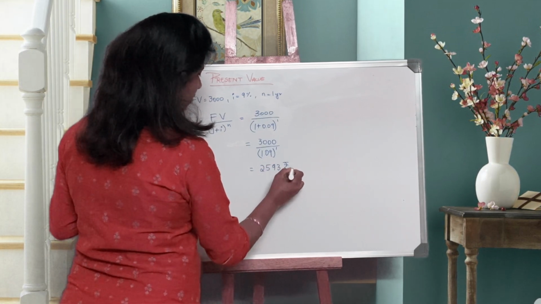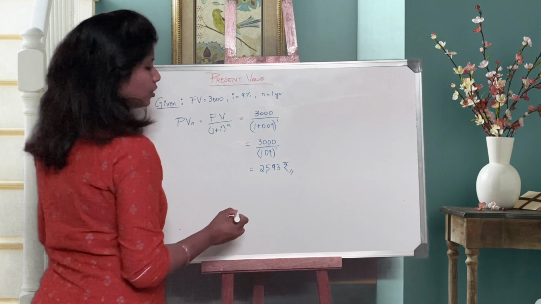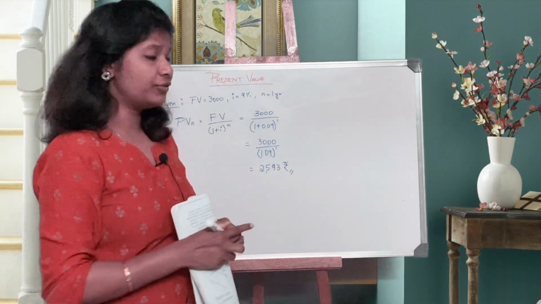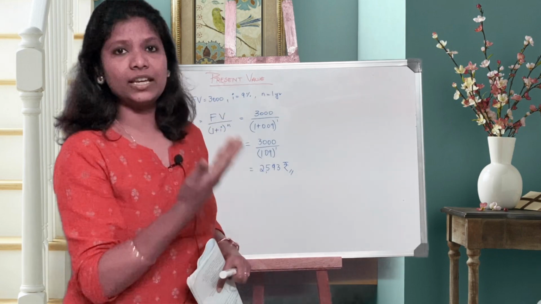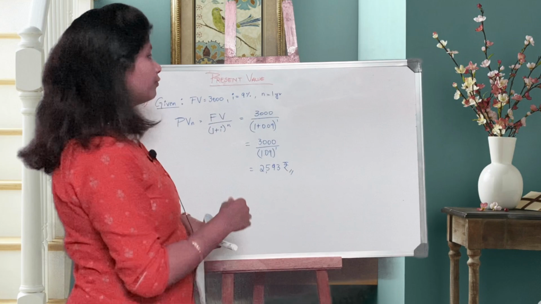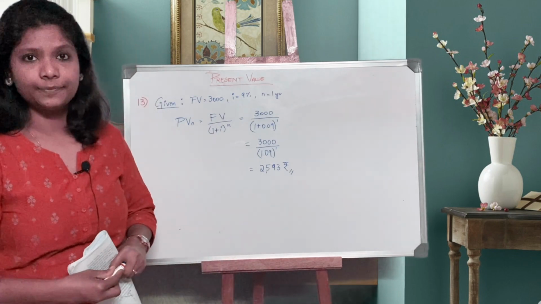That will be your total amount after 1 year. 2,593 is the value today of the 3,000 that you will be receiving in the future, after 1 year. So this is the solution for your 13th question.